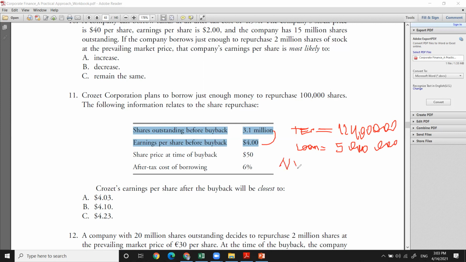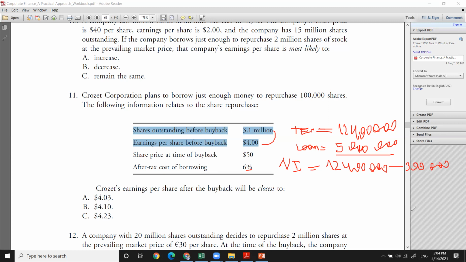Basically, your net income will be 12,400,000 minus your interest cost. And your interest cost is 6% of 5 million, which is 300,000.